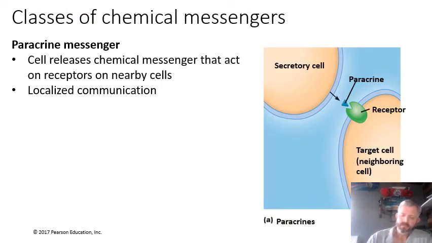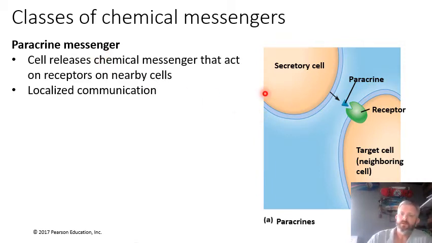All right, so we're looking at signal transduction and chemical messaging. Let's first look at the classes of chemical messengers. One class is what we call paracrine messengers. This is where cells can talk to cells locally, very close to them.